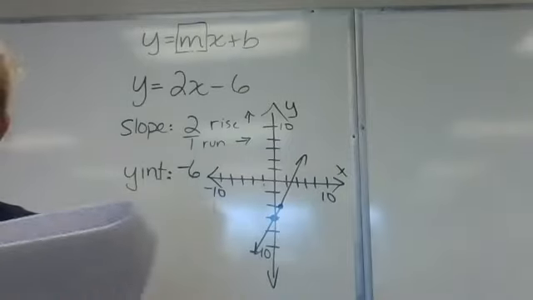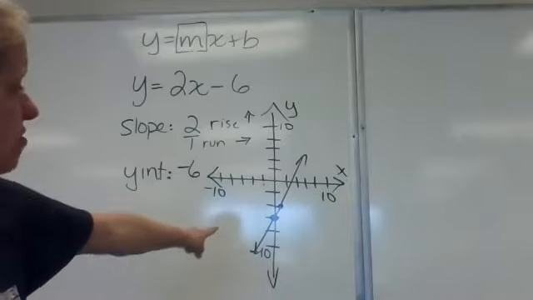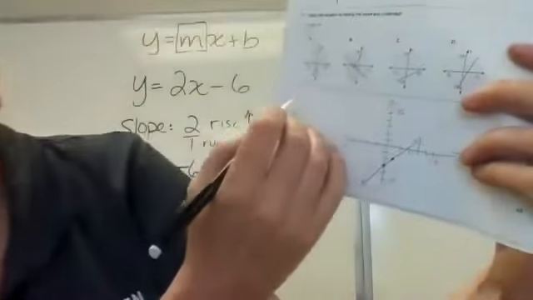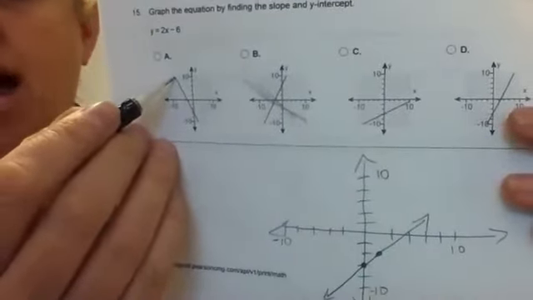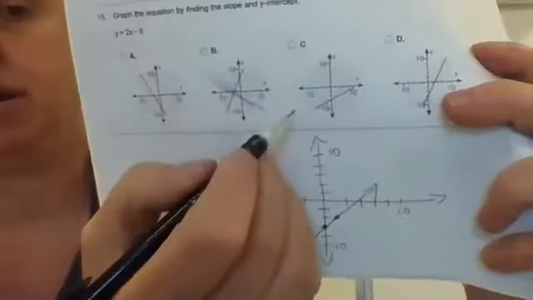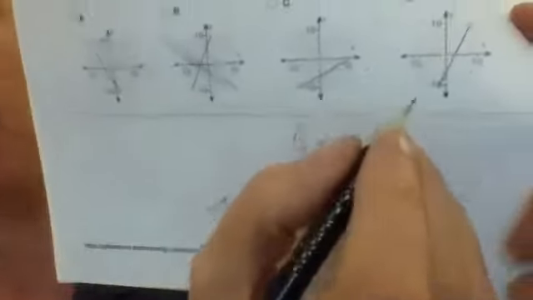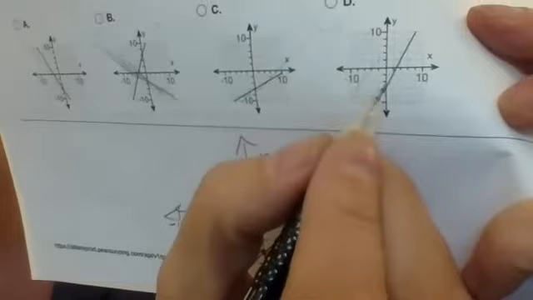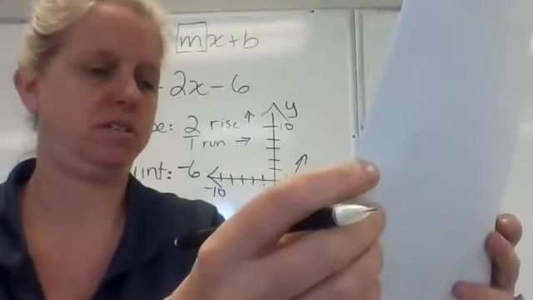So let's see what else we can knock out. It starts at the bottom on the left and goes up to the right. Let's see who's still in. Look at this one. Where does it start? It starts up and goes down, so it's not A. These both do go up to the right. So now we need to see. I can't do it backwards.